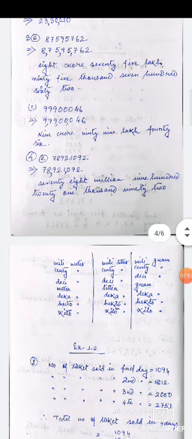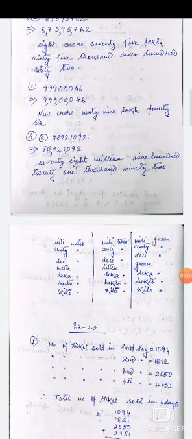So the number will be 78,921,092. Okay, I think everyone understands this, and the rest of the questions are your homework.